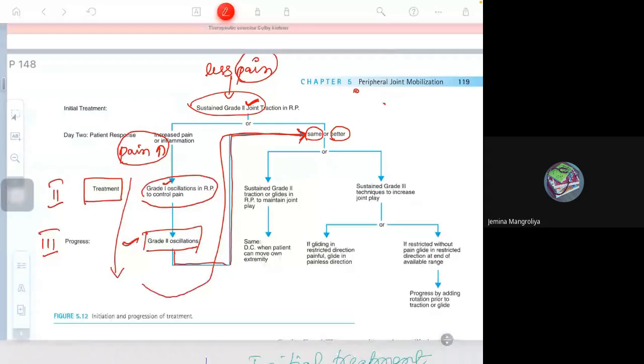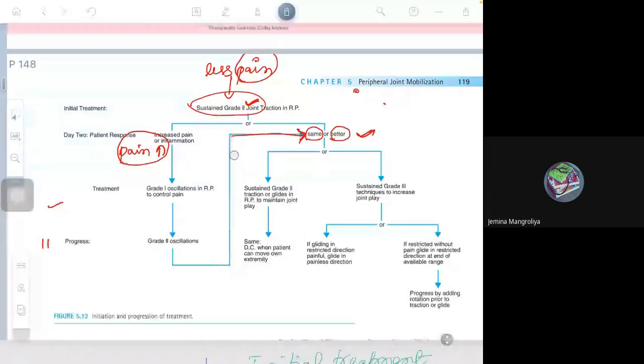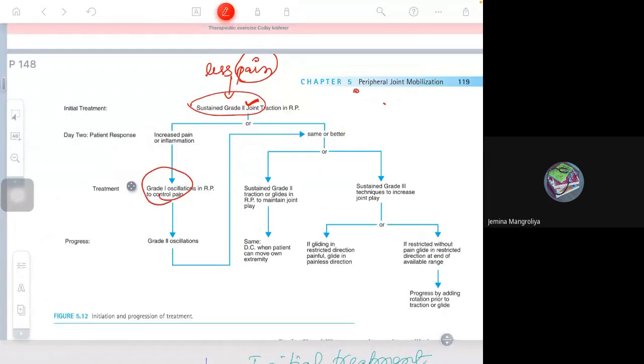Or maybe it may be better. After doing this much treatment, after giving grade 1 oscillation and grade 2 oscillation, the patient may feel better, or he may have the pain the same as when he came to you.